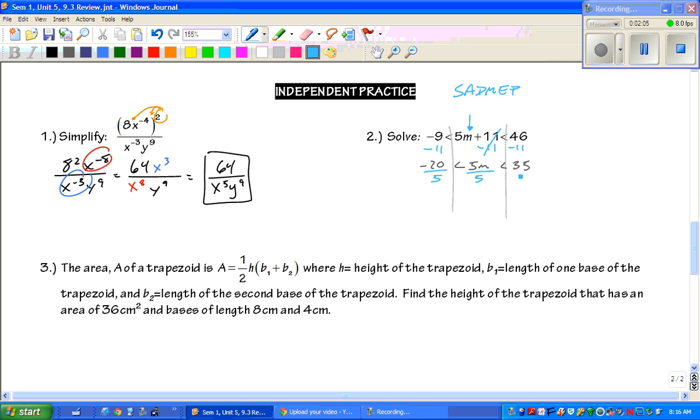I have to divide everything by 5. Now I'm not dividing by a negative, so my signs stay the same. And that's already in order from least to greatest. So there we go. Negative 4 is less than m, which is less than 7.